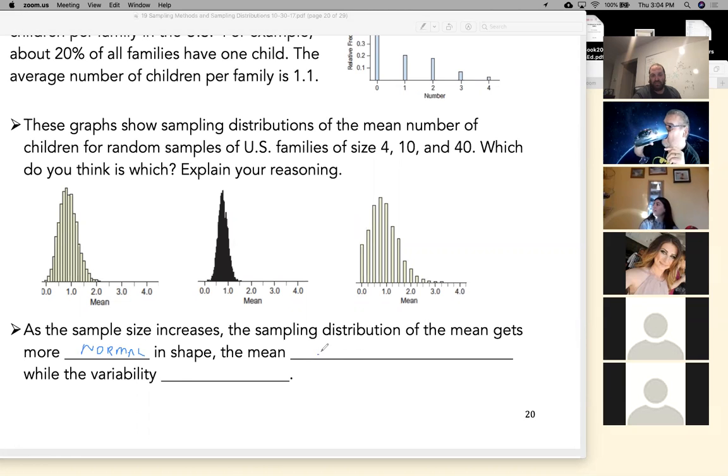The mean stays the same, while the variability does what?